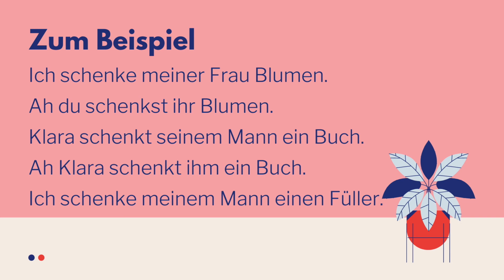Clara gives a book to him. So ihm is dative here. Ein Buch is accusative. Ich schenke meinem Mann einen Füller. It means I give a pen to my man. So meinem Mann is dative, einen Füller is accusative.